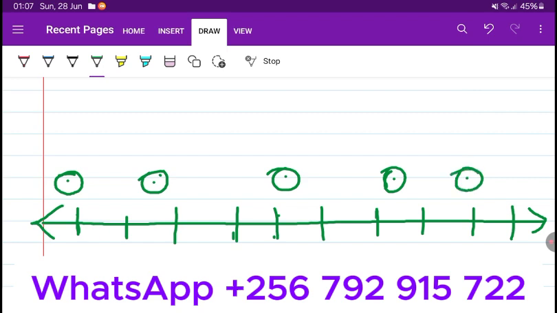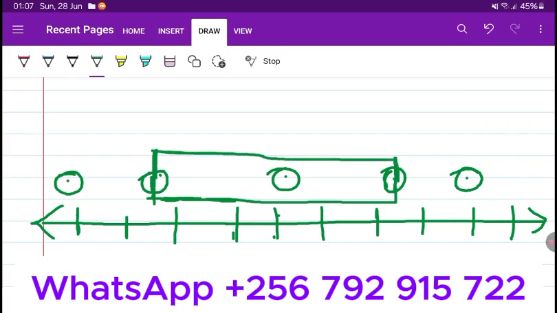And then they draw, within here, their box, of course in the same way, but it's not in the line. They draw their box like that.